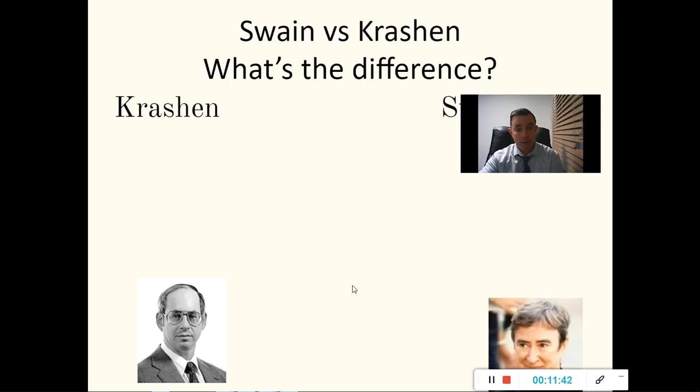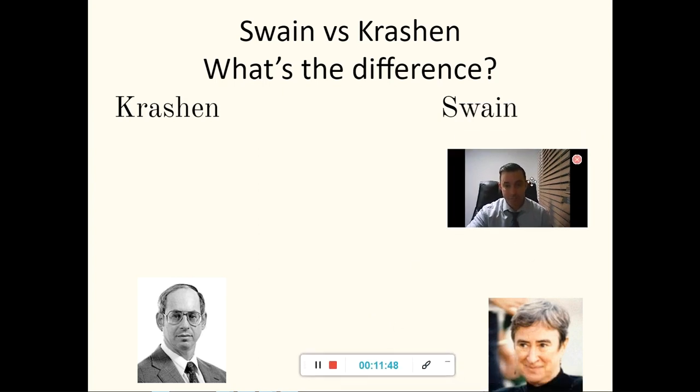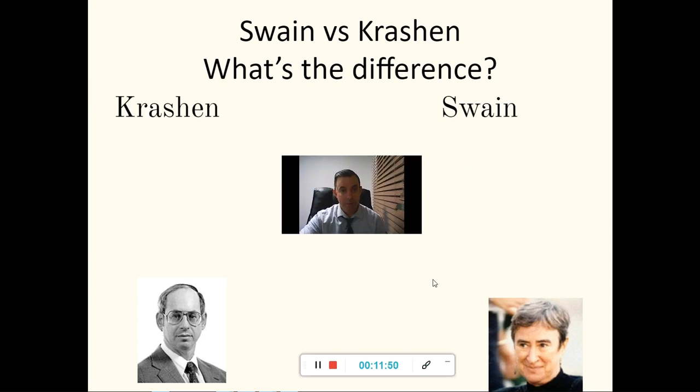Okay, so what's the difference between Krashen and Swain? Well, let me put myself in the middle there. So you can think about this a little bit before continuing the video if you like, because I'll just reveal.